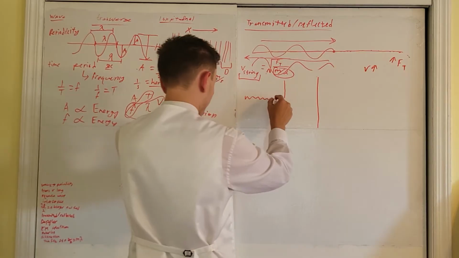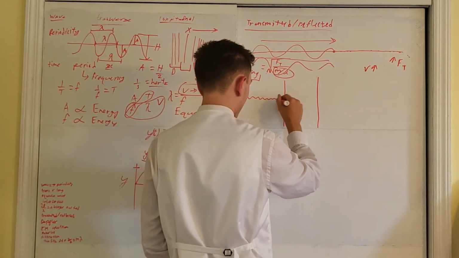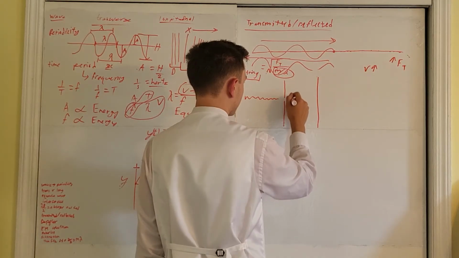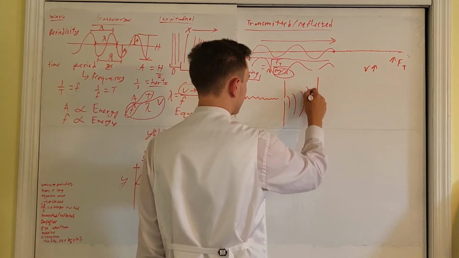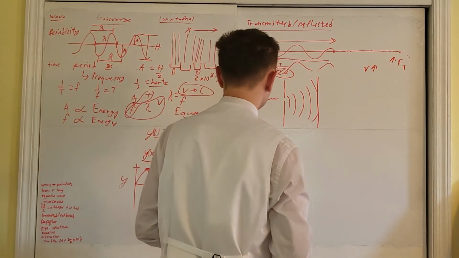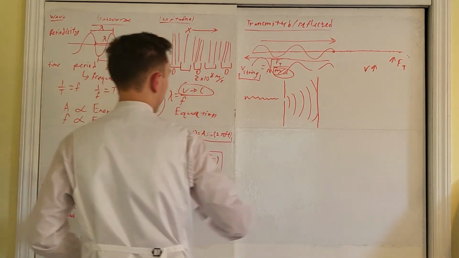Okay, so that light wave comes in, and once it passes through this single slit, it's going to diffract and interfere with itself to produce a diffraction pattern across the back wall.